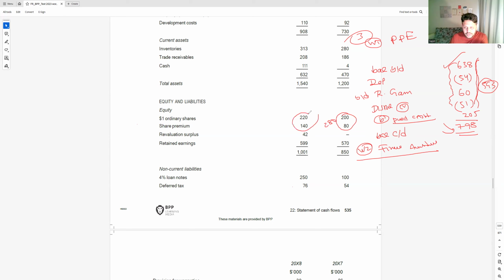And if we add these two, let's use the calculator, 220 plus 140, 360. And the difference between these two, 360 minus 280, that's 80.